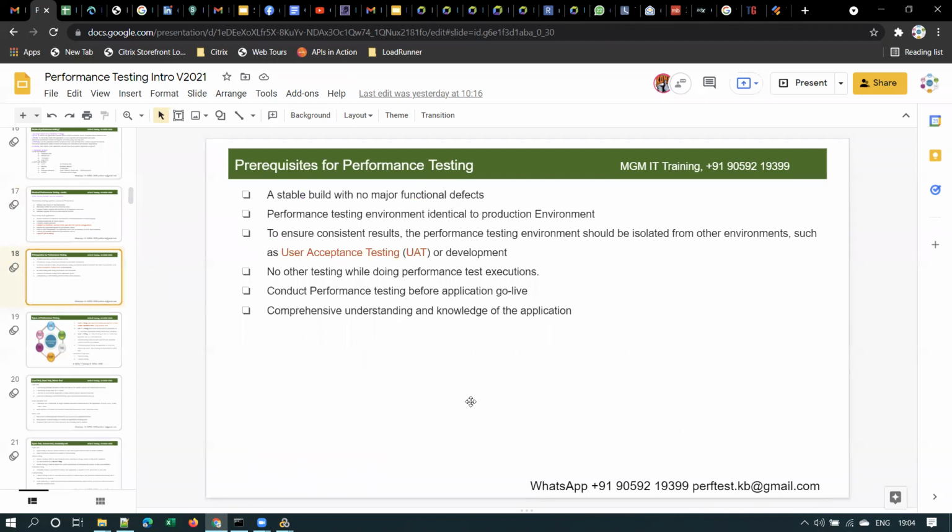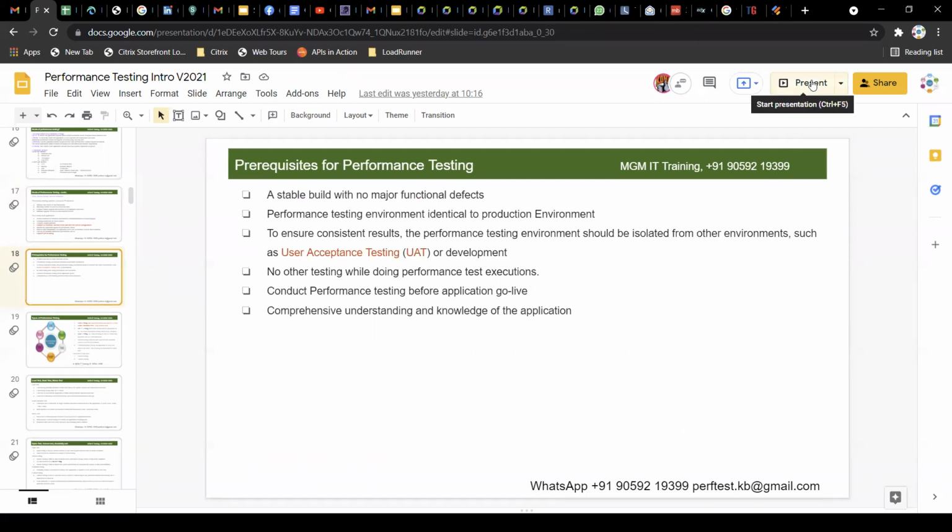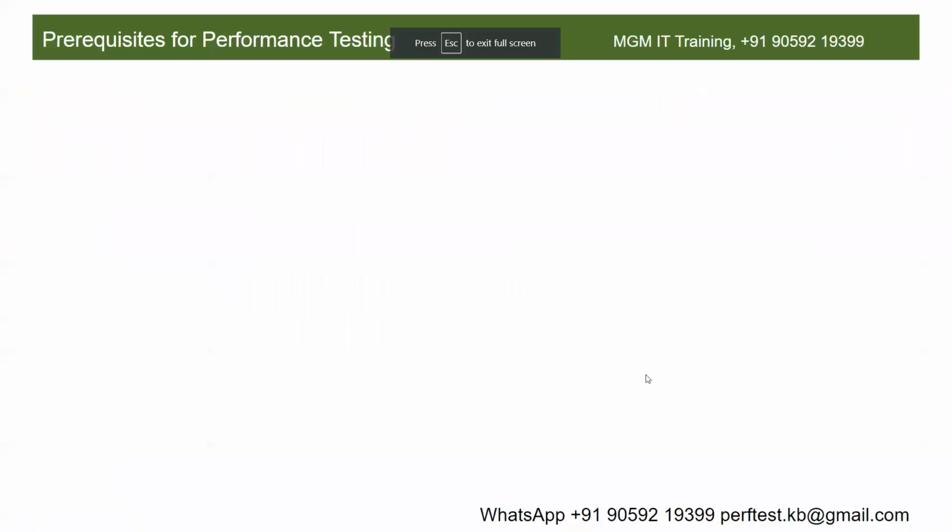That is the next topic, the prerequisites for performance testing. Let's understand what the prerequisites are to do performance testing. Everyone knows what prerequisite means, right? So the first and foremost prerequisite for performance testing is a stable build with no major functional defects.